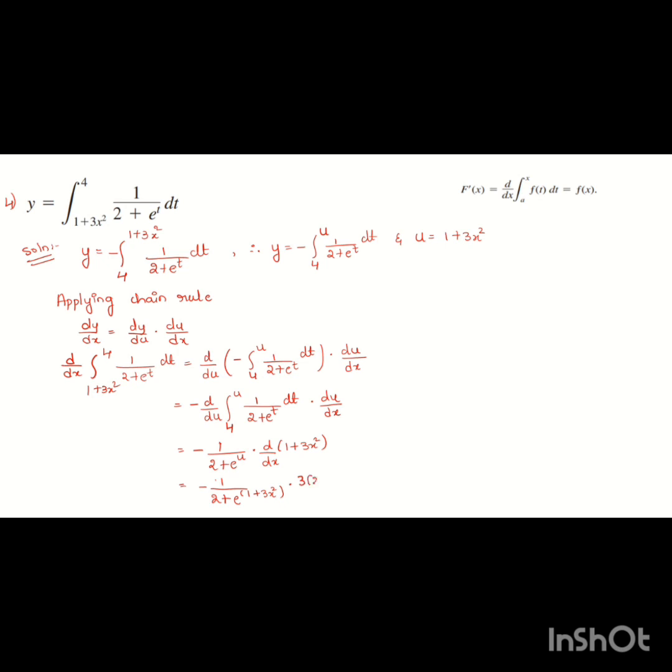The differentiation of x square will be 2x. So we simplify this and write the final answer. Since I have a minus sign, minus times 3 times 2x will be minus 6x, whole divided by 2 plus e power 1 plus 3x square. And this is the required final answer.